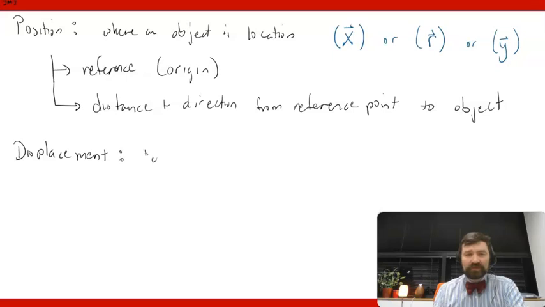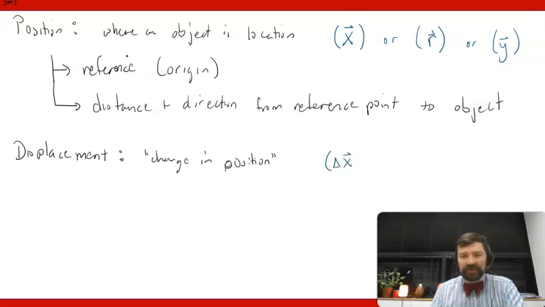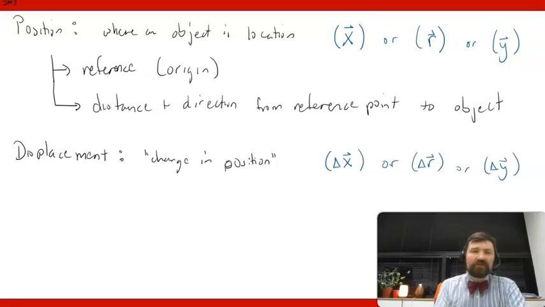Motion from one position to another would result in a displacement. Now we typically represent this as delta x or delta r or delta y, delta z, what have you. And all that you need for this is the initial and the final position.